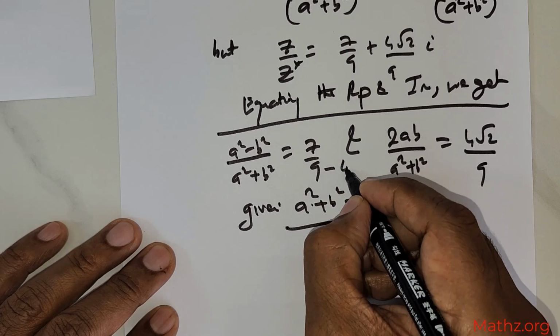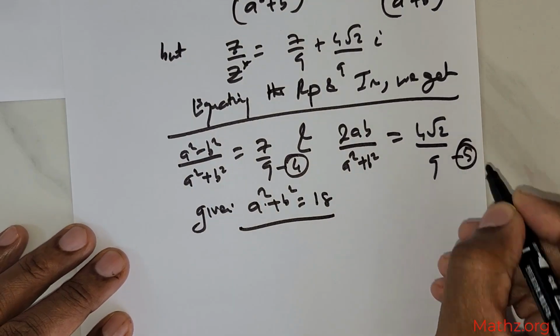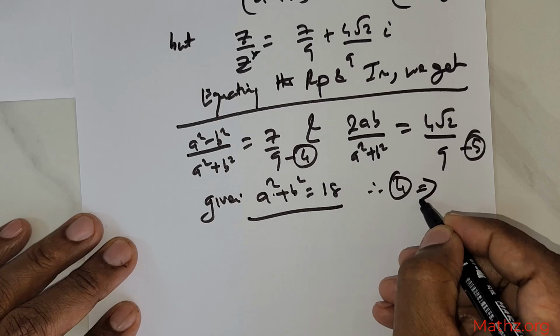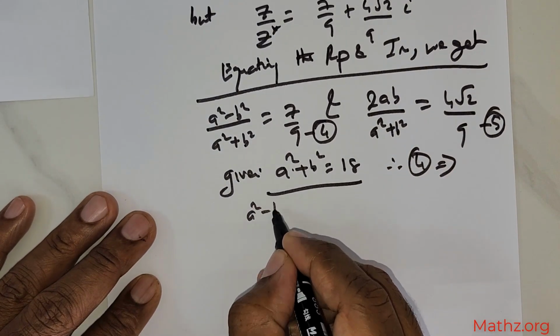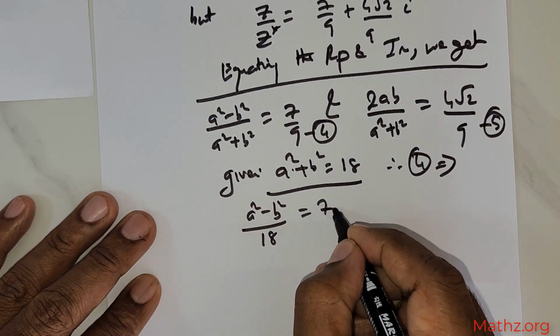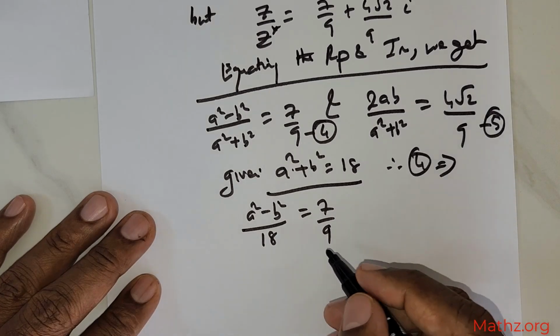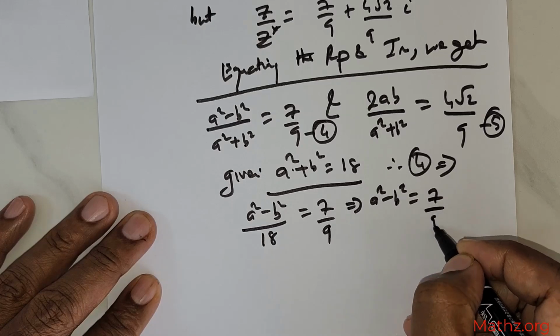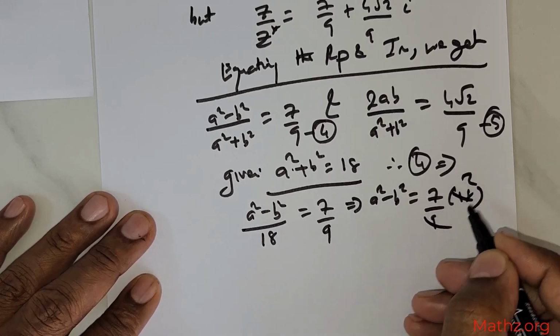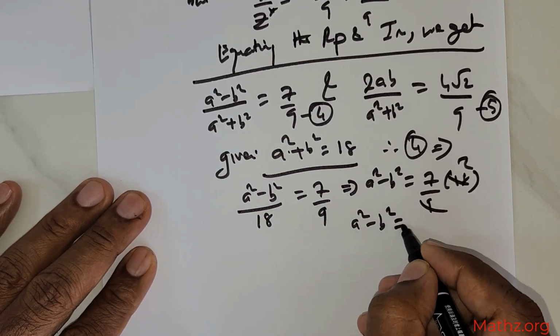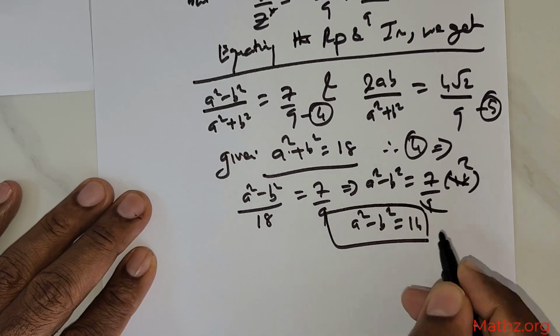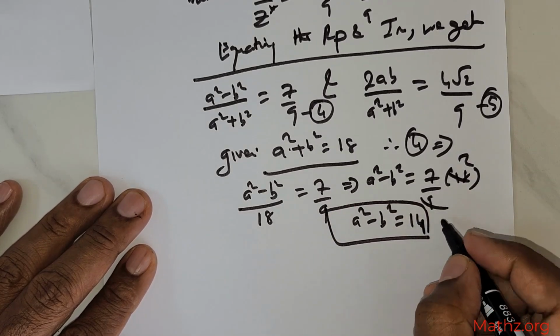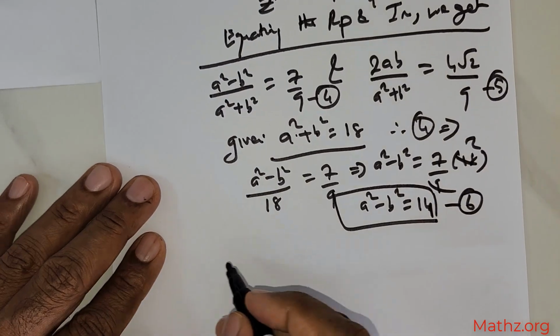So if I take the real part equation as 4 and the imaginary part equation as 5, then 4 can be rewritten as (a squared - b squared) divided by 18 is 7/9. You cross multiply, you get a squared - b squared is 7/9 times 18. 9 divides 18 two times, so a squared - b squared is 14. I take this as 6.